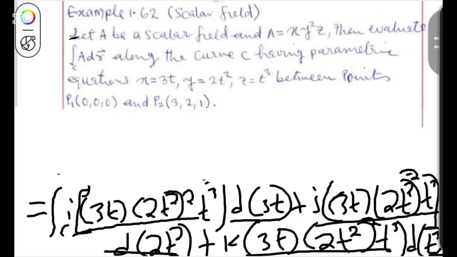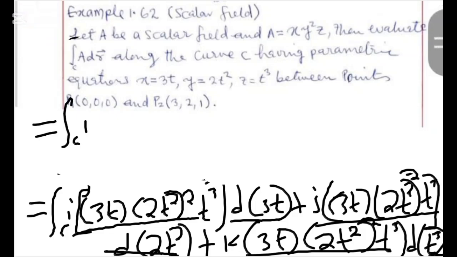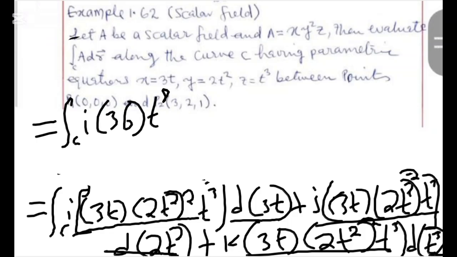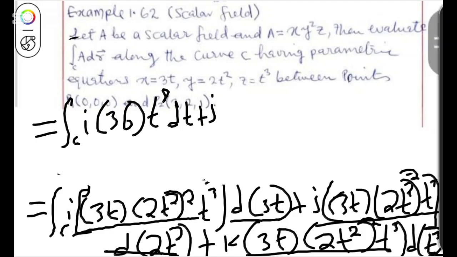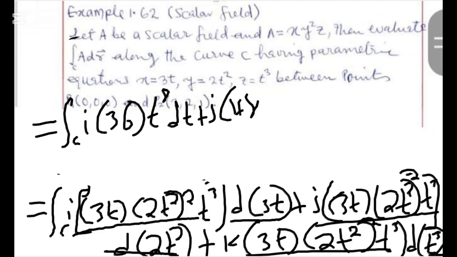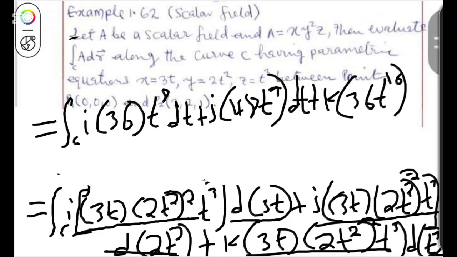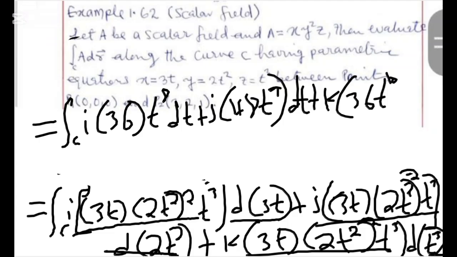After multiplying, the integral of the curve, for i, I will have 36 t to the power 8 dt, plus for j I'll have 48 t to the power 9 dt, plus for k I'll have 36 t to the power 10 dt.